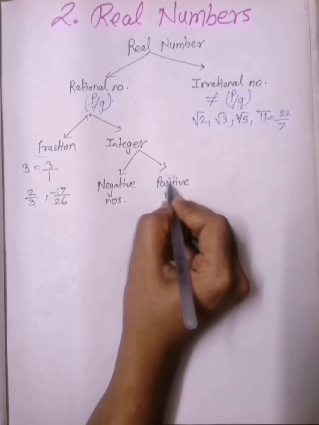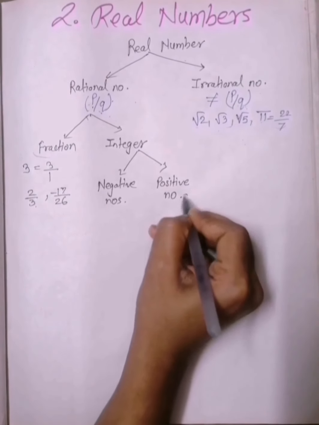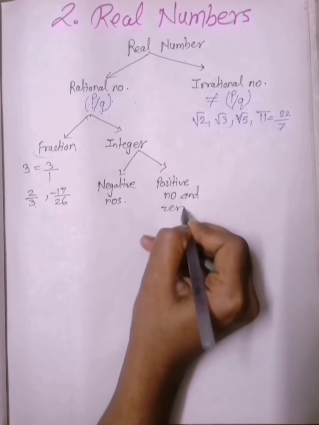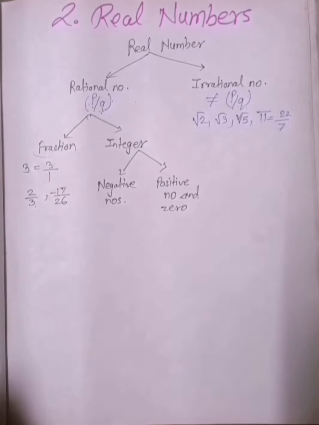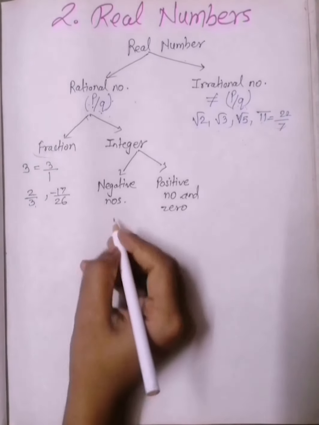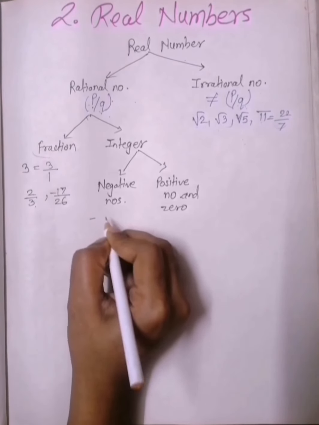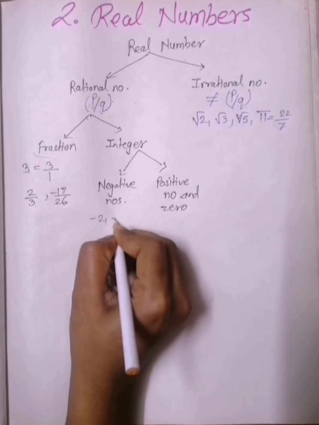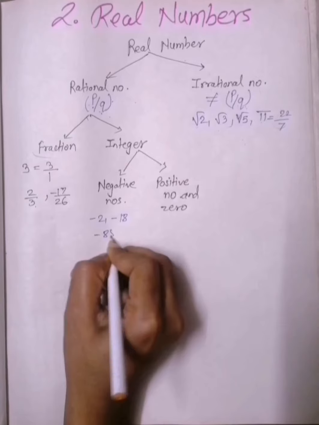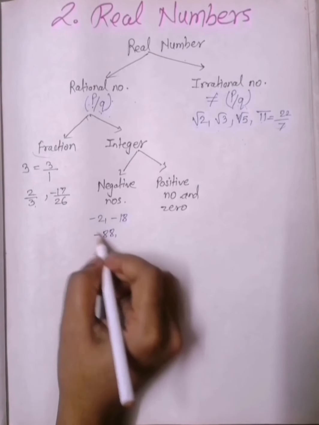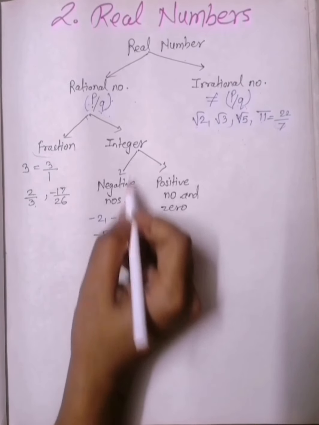Clear? Positive numbers also include 0. In negative numbers we have so many examples like minus 2, minus 18, minus 88, and so on.